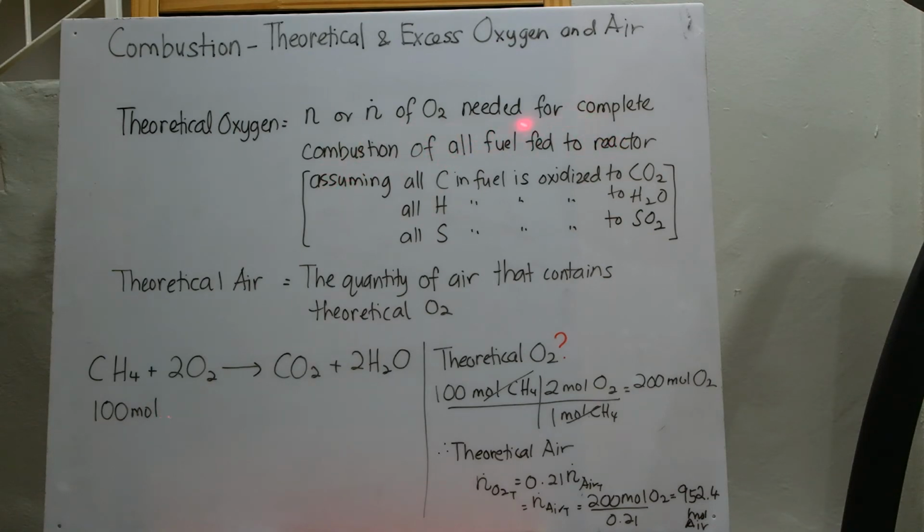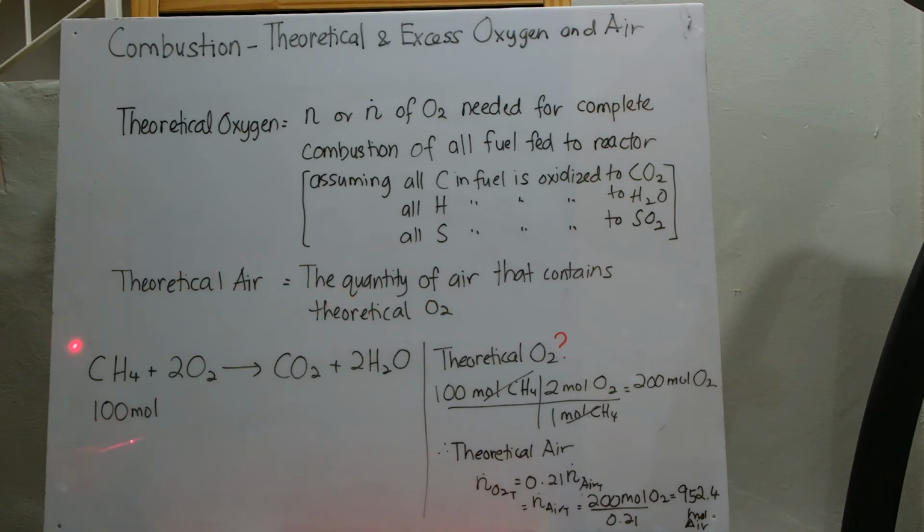What it means here is that we assume all C in fuel is oxidized to CO2, all H in fuel is oxidized to H2O, and all S in fuel is oxidized to SO2. Theoretical air is the quantity of air that relates to theoretical oxygen.